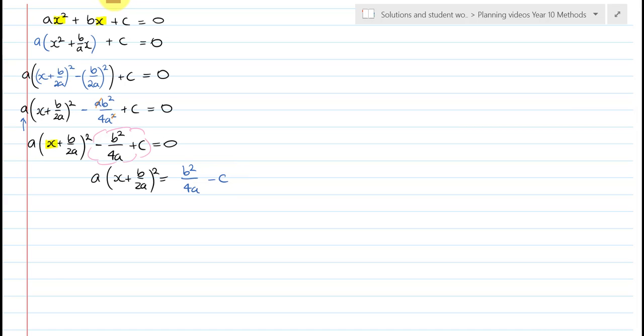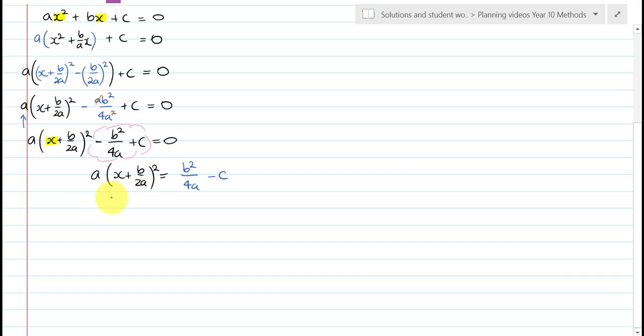Now I'm going to divide both sides by a, and that will give me x plus b over 2a squared is equal to, dividing the other side by a, gives me b squared over 4 minus c, and the c is now over an a, and the b squared is now over 4a squared.